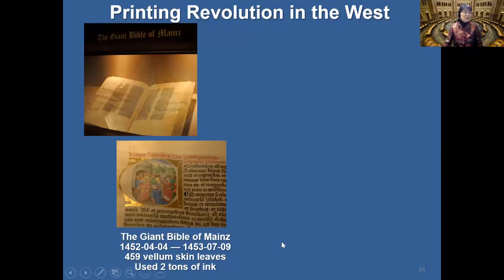It took people 2 years and 3 months to write this Bible because it's handwritten on 459 sheets of skin. And it says it used 2 tons of ink to write this.